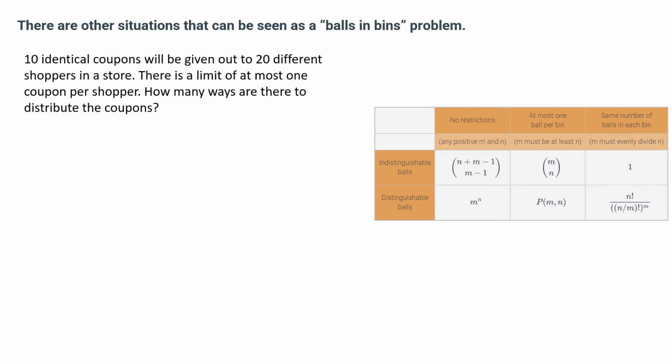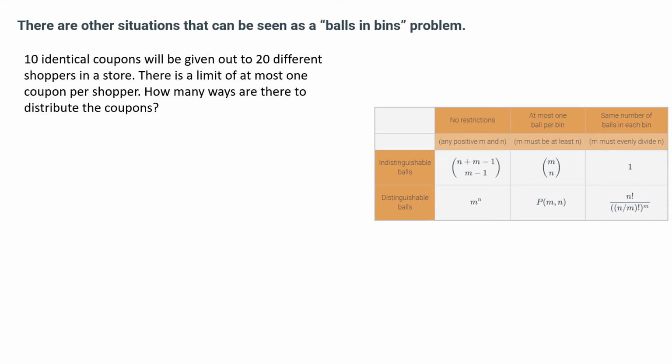So here's an example. 10 identical coupons will be given out to 20 different shoppers in a store. There's a limit of at most 1 coupon per shopper. How many ways are there to distribute the coupons? So we could look at this as the shoppers being the bins, right?